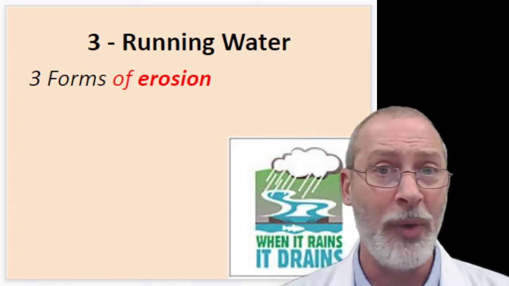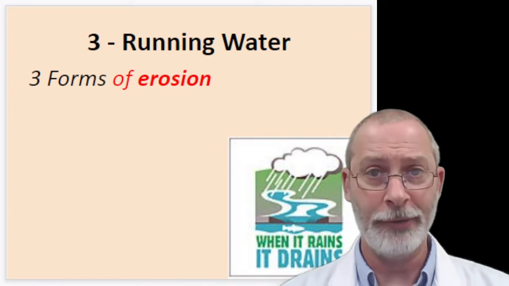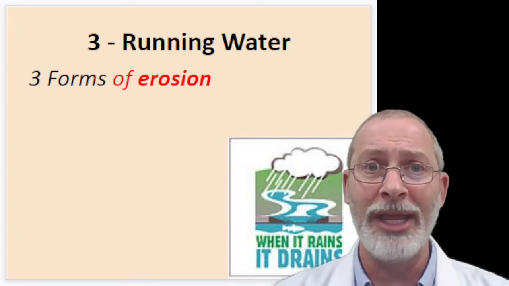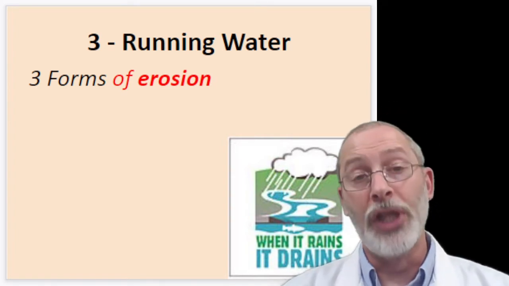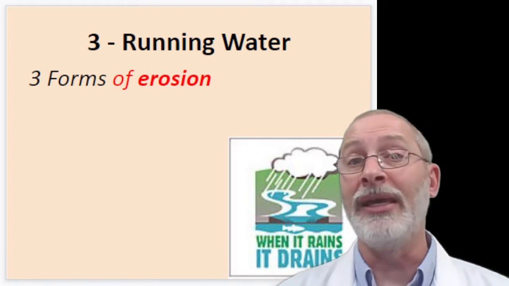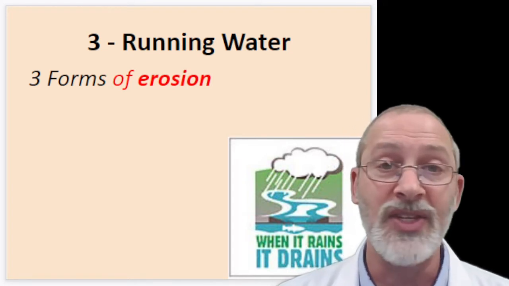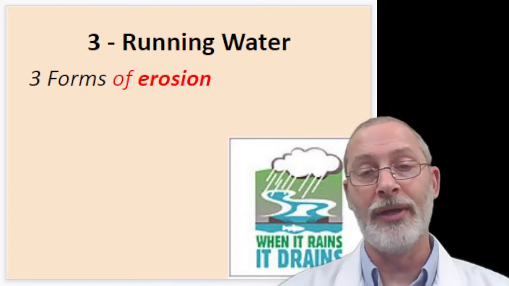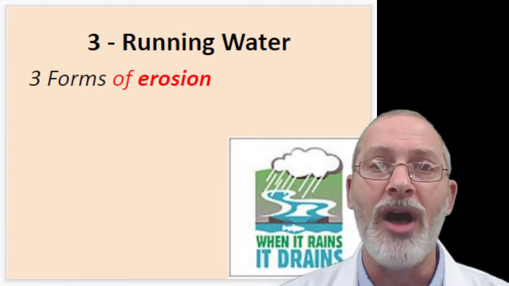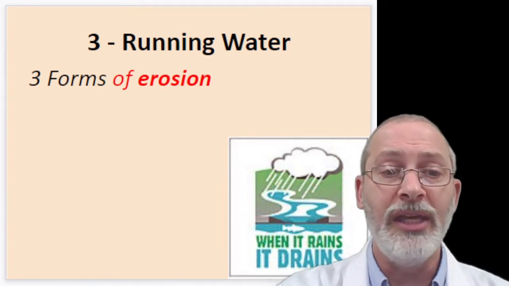Water that's flowing downhill is called running water. It's not running in a race, it's just flowing downhill, as opposed to standing water, like in a puddle, pond, or a lake, that is not flowing downhill. So running water involves water flowing downhill, and there are three forms of erosion.